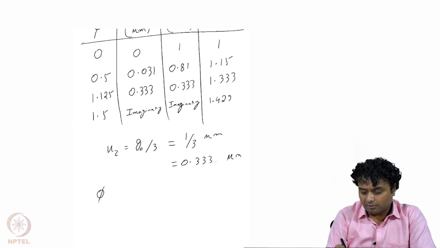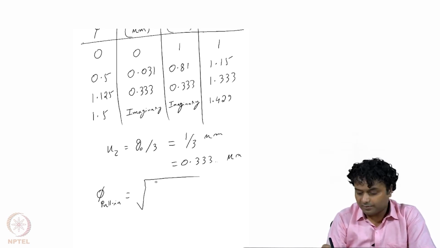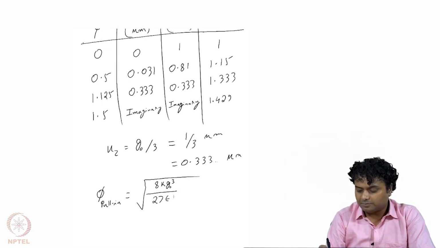And in that case we know that Vp, or phi pull-in, is equal to square root of 8k g0 cube divided by 27 epsilon a, right.